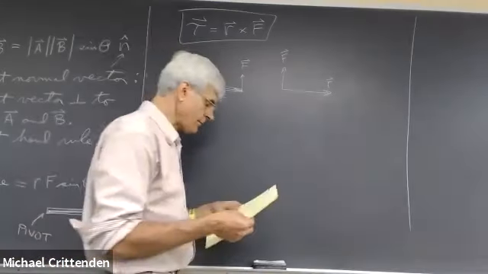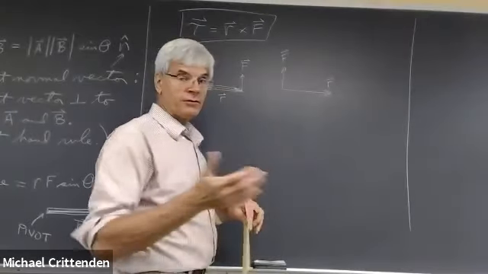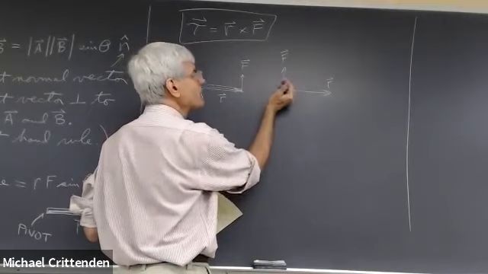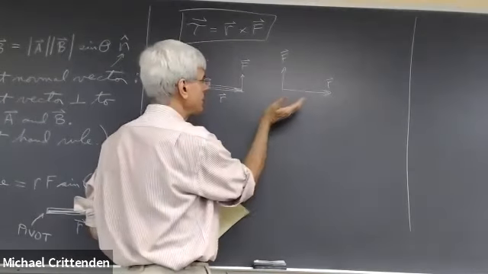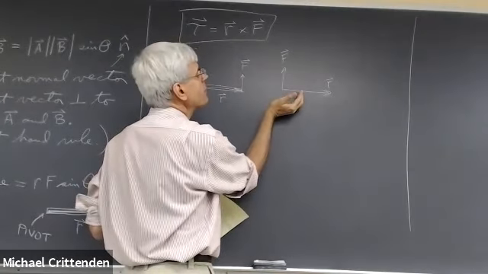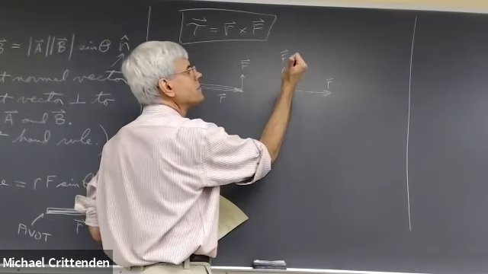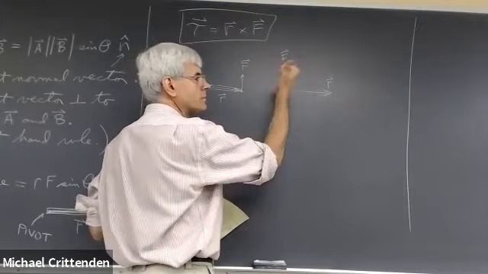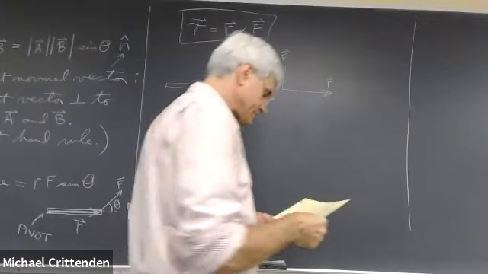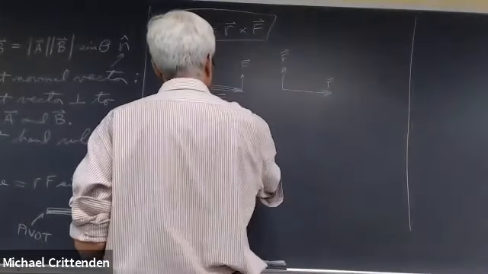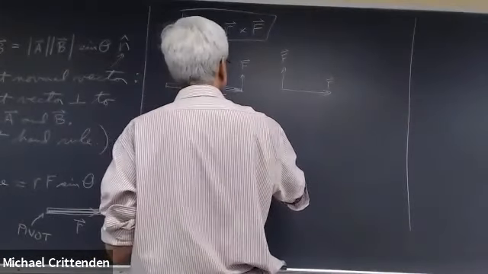So wrap your fingers around the Z-axis, or around the vertex of the angle, whichever way you want to think of it, pointing from R toward F. And the thumb points this way. You have a torque out of the board.